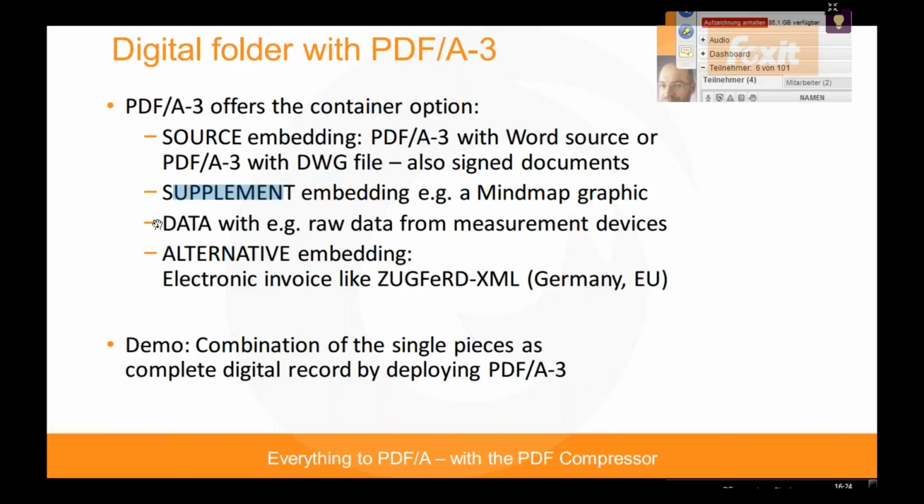You may also have data, which we see more in an industry solution, where you have raw data from measurement devices. It may be useful to bundle this together, to combine it in one container in order to maybe run another analysis. But at the end, when time goes by, it's typically the PDF report which summarizes the measurement that is the interesting one which you want to have.